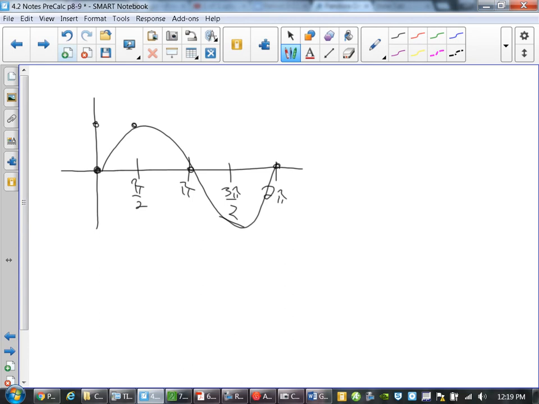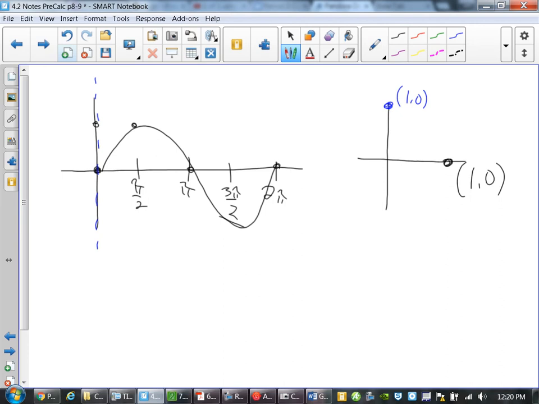Whereas if you did it the other way, think about cosecant. Cosecant at 0, well, the inverse of 0 is undefined. So at 0 it would be undefined. Cosecant is the inverse of sine here. Oh, I labeled it wrong.